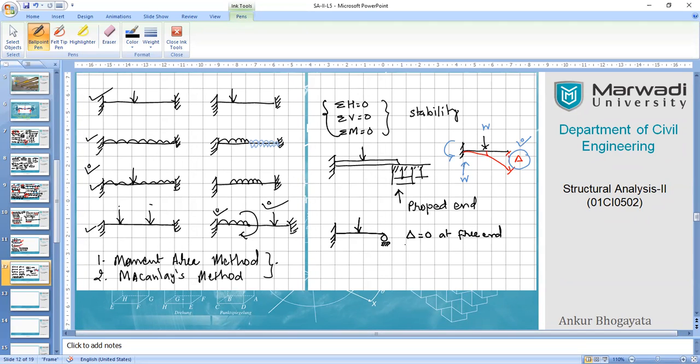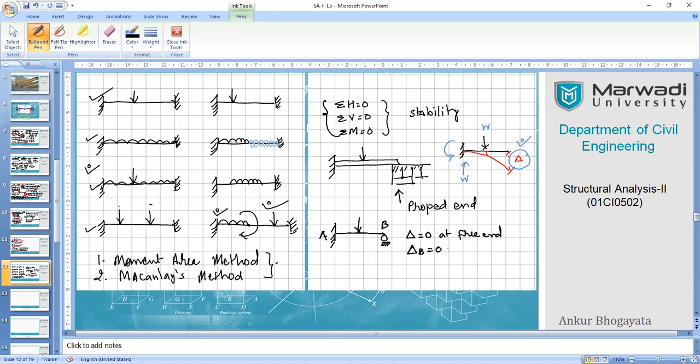And so we can say that this is the condition of compatibility for end B. Let us say this is A and this is B. Can we say that the deflection at B should be 0? Right. So that is the compatibility requirement.